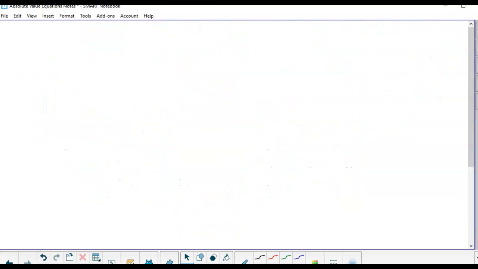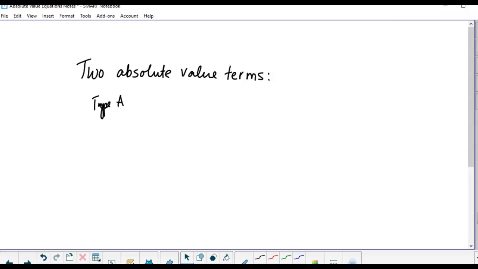Next, we're going to look at two absolute value terms. Okay, so the first situation is, type A, let's say, no other terms.